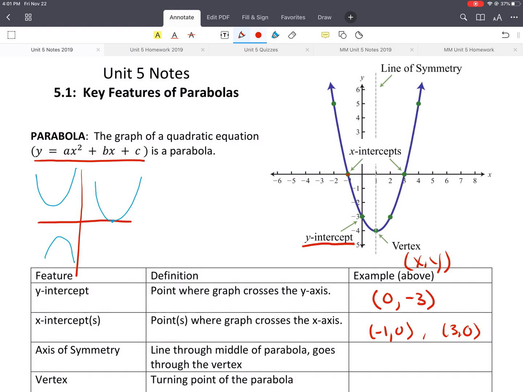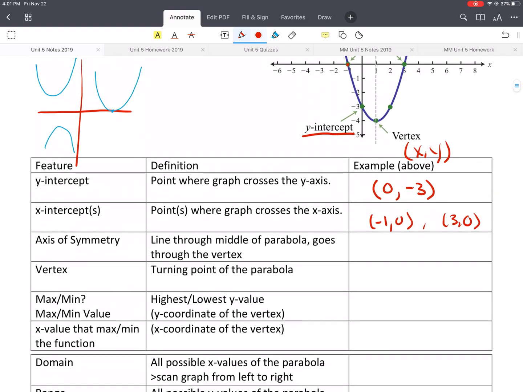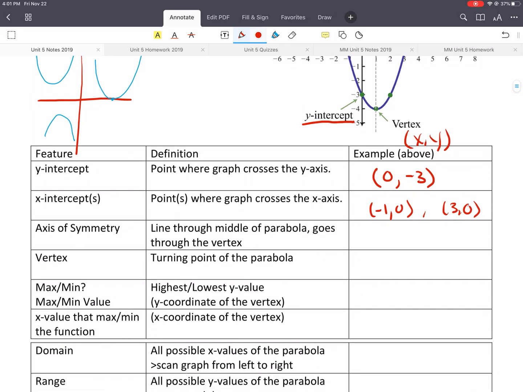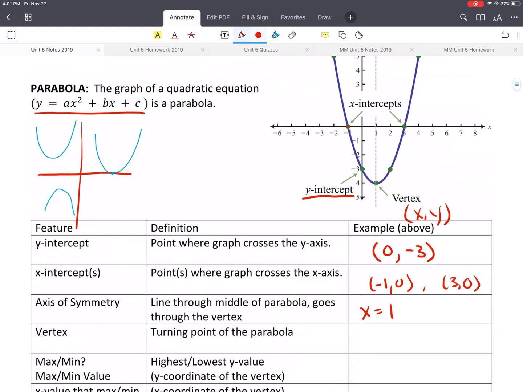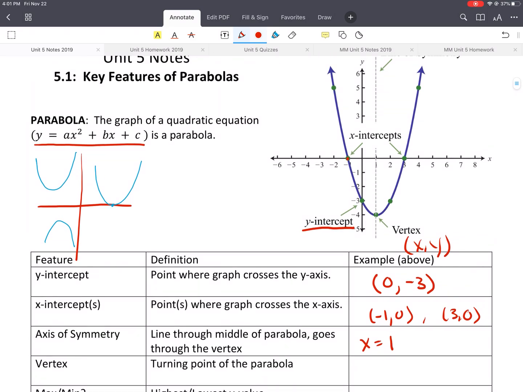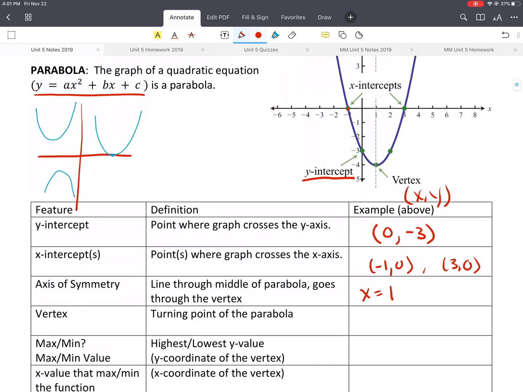So the axis of symmetry in this situation would be x equals 1. We need to always write it as x equals. If you just write 1, then it won't be a line, it would just be a value. So we need to write it as a vertical line or an equation, which would be x equals 1.